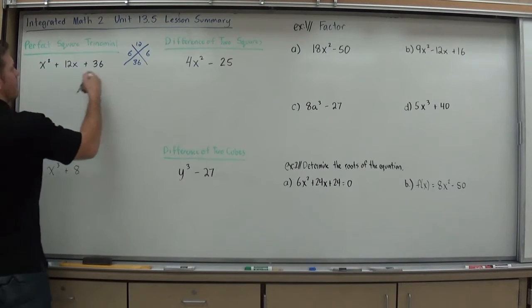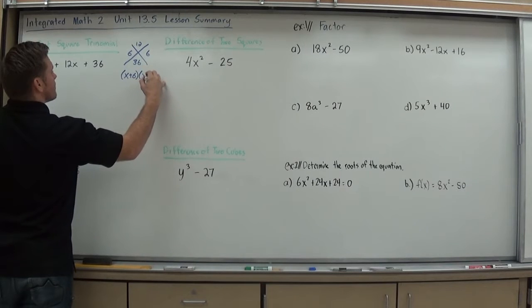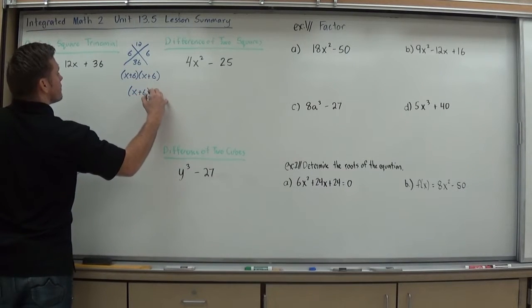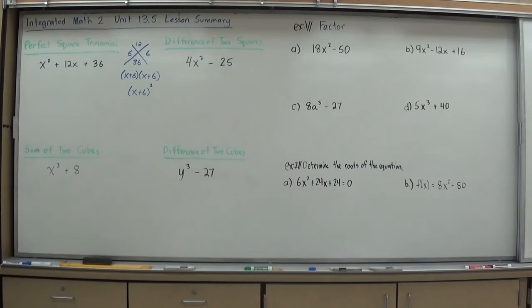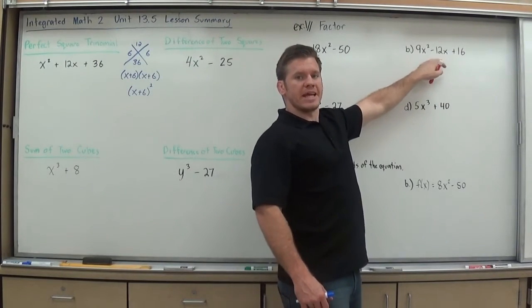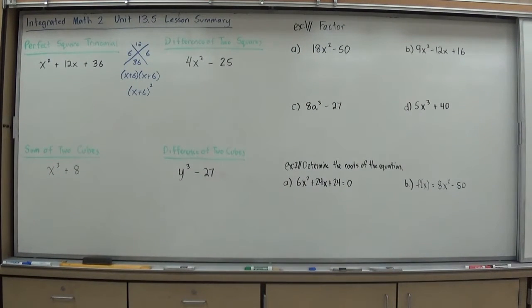And so that factor under the diamond method would become x plus 6 times x plus 6, which is equivalent to x plus 6 squared, because I have the same factor twice. But there's a shortcut here, and it's especially helpful, as you'll see when I get to problem B, which can be a pretty nasty diamond problem to try to do. So let's talk about what the perfect square trinomial factoring method is.